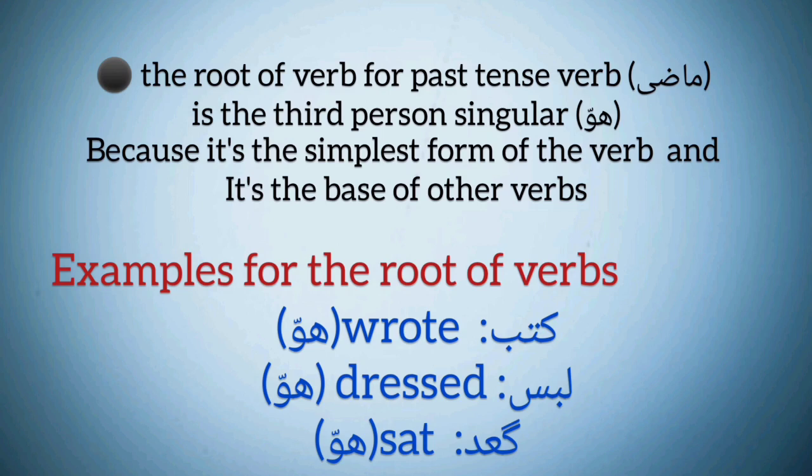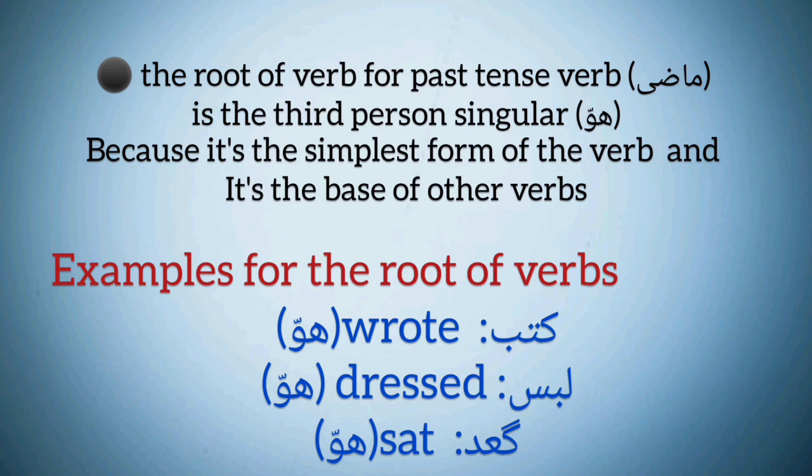Because it's the simplest form of the verb and it's the base of other verbs. And these are some examples for third person singular that are roots of verbs in Arabic, that we can add suffix and prefix to in order to conjugate these verbs.